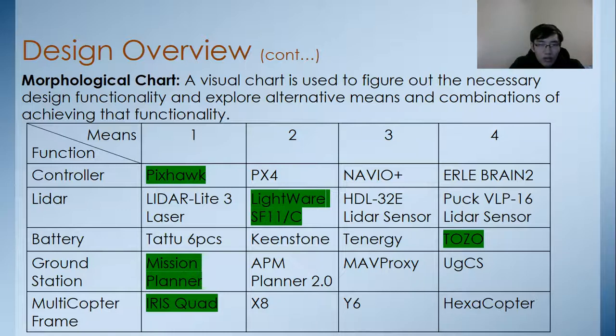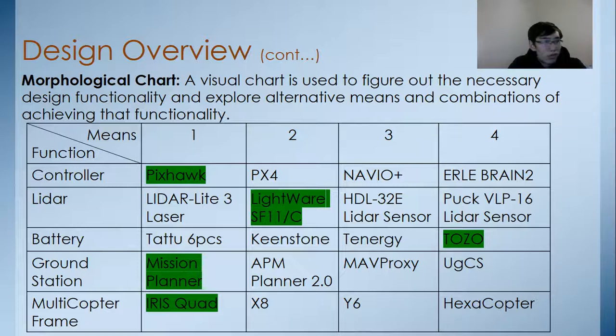And the battery also has 4 options. It's 10 to 6 pix, Keystone, Teenager, TO0, and for the ground station, we have Mission Planner, APM Planner 2.0, MapPro, and UGCS.